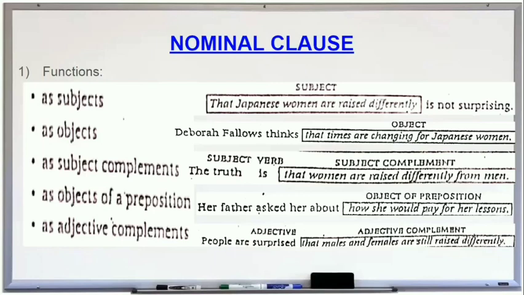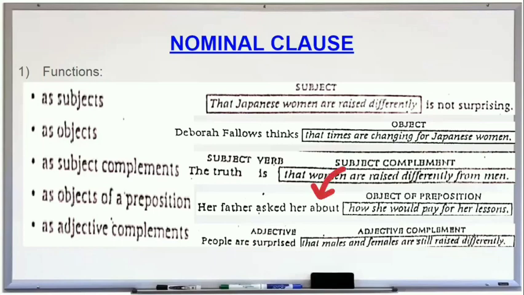The fourth category is as object of a preposition. Quite the same, but take into consideration, in this case, for example, her father asked her about how she would pay for lessons. So in this case, the noun clause is introduced by a WH word in general, and is used as object of a preposition in a sentence.